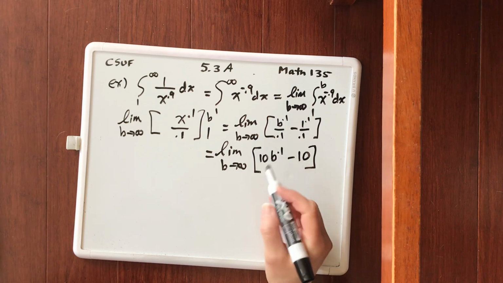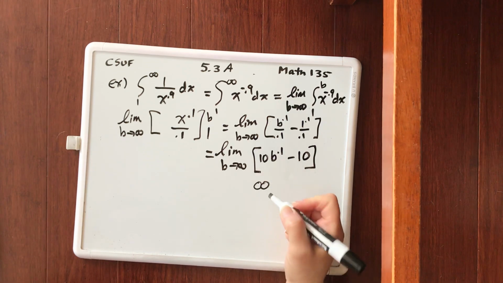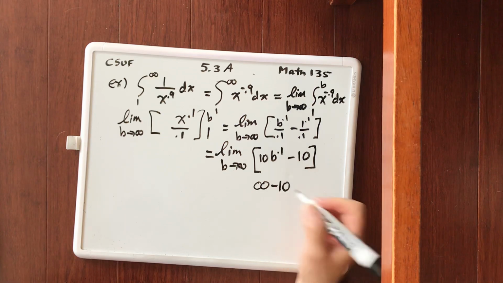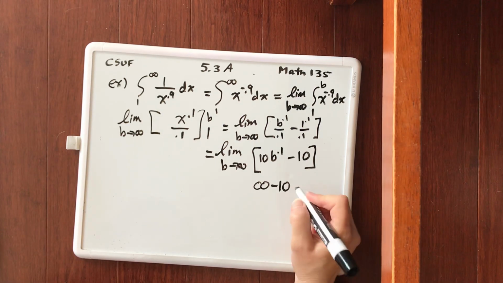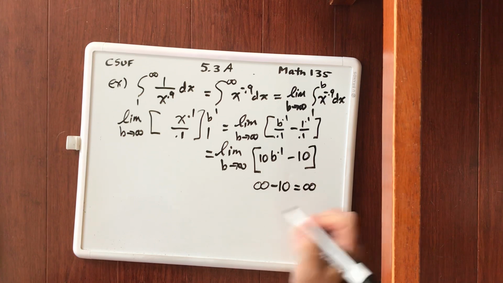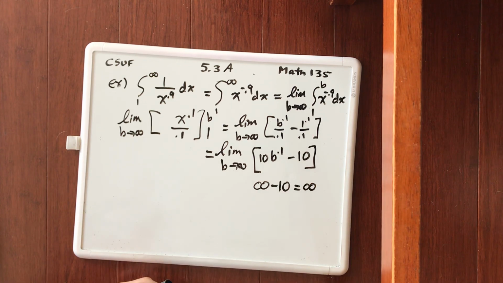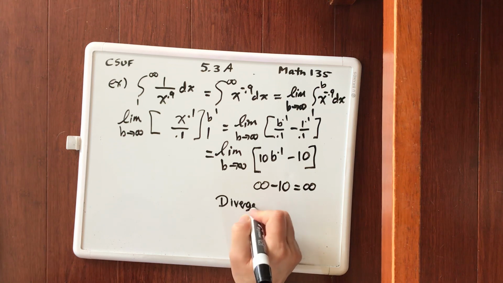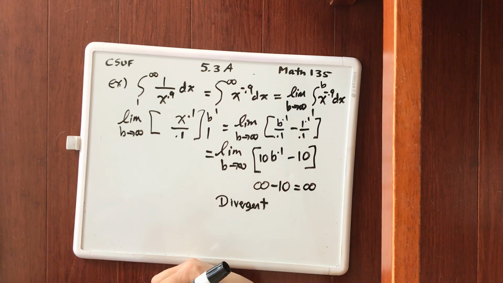So this goes to infinity. And this would just go to negative 10. But what is infinity minus 10? It's just infinity. Okay? And so, is this convergent or divergent? Correct, it's divergent. Okay, very good.